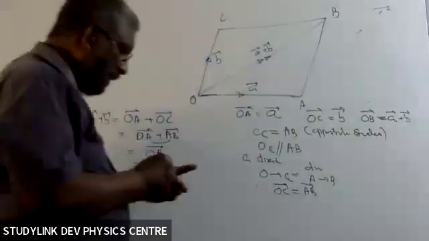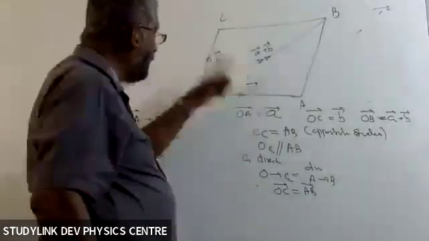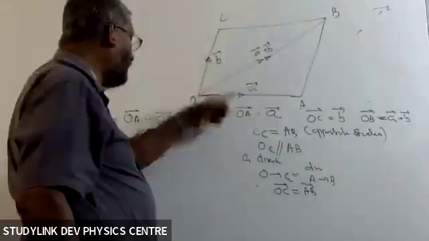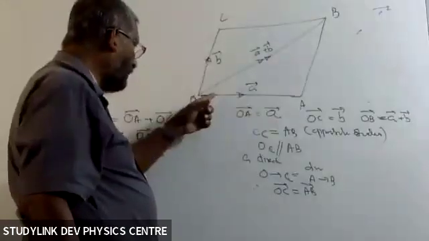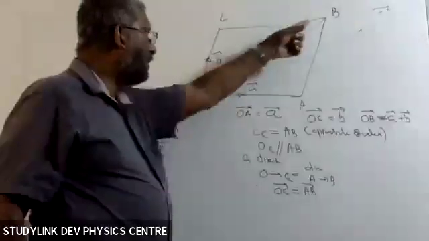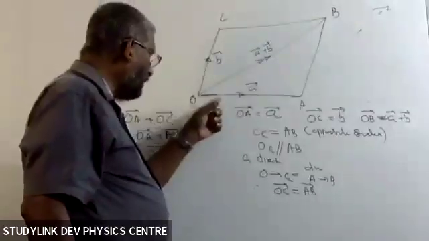That means when two vectors are represented by the two adjacent sides of a parallelogram, then the addition of these two vectors is given by the diagonal which goes through the intersection.